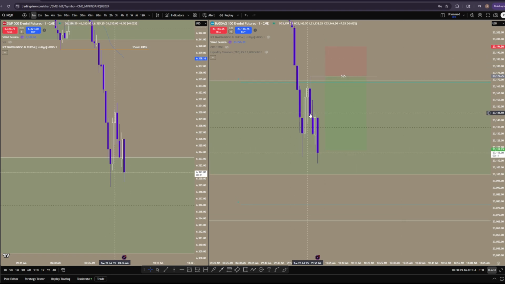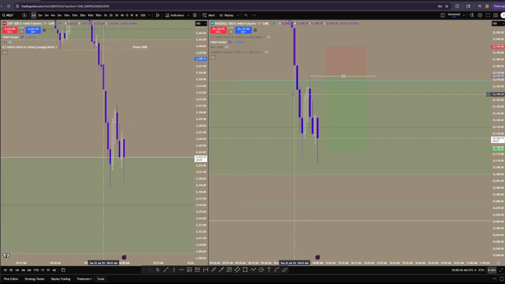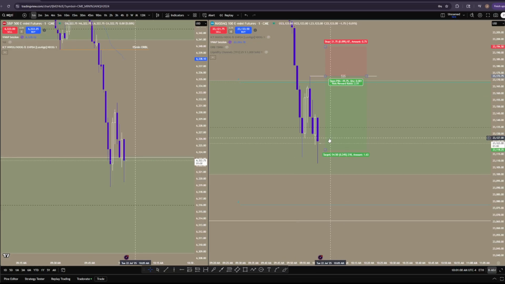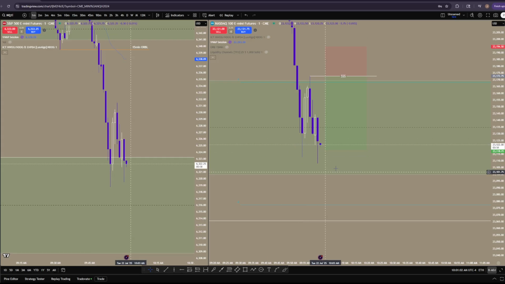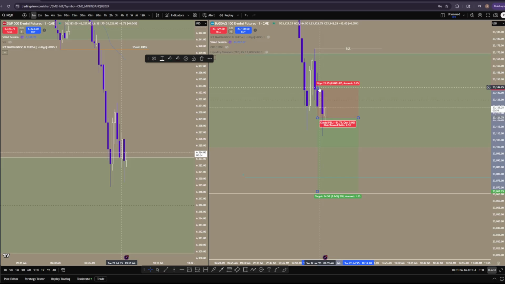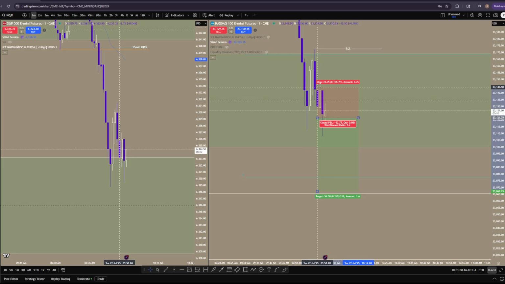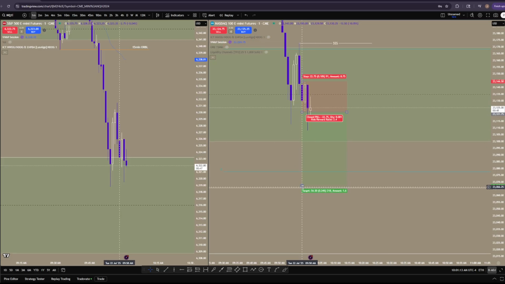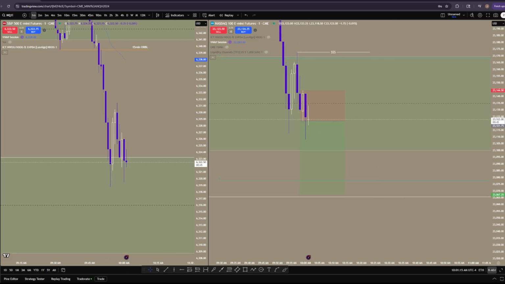This is just a very difficult area for me to jump into a short, when the only valid stop loss level here is going to be pretty huge, where our TP is just below us at 23,100. Definitely going to be hard to trust that. All right, this order block, well, we didn't close below it, so I wouldn't consider that a valid level yet.